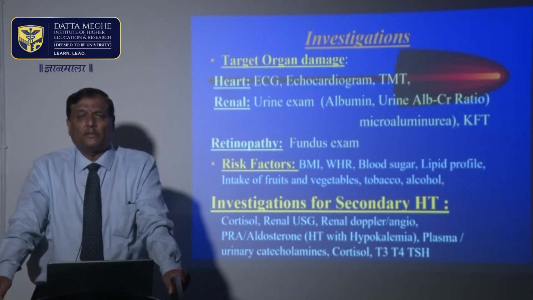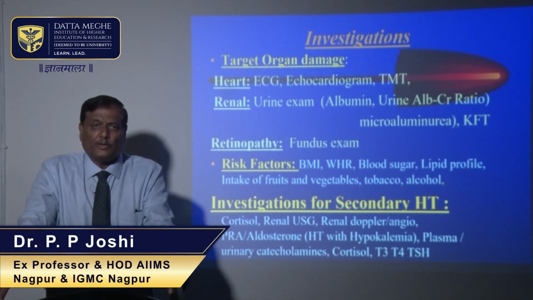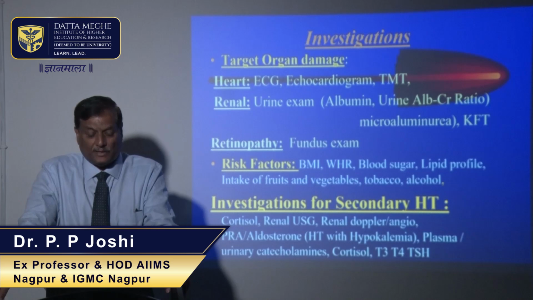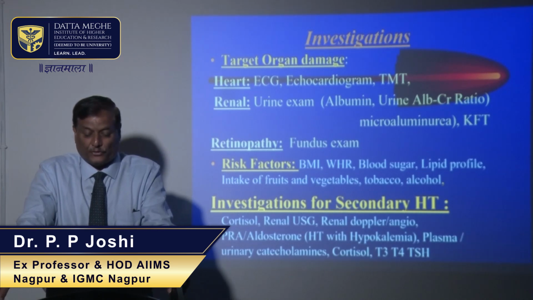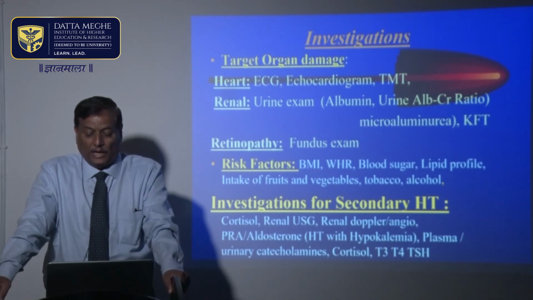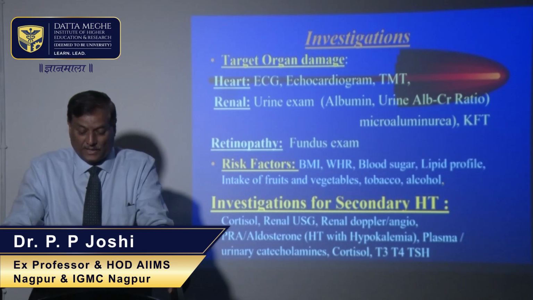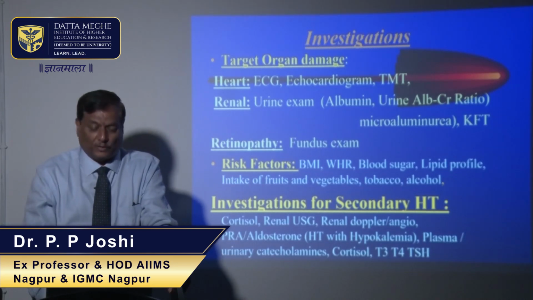We may also investigate for primary hyperaldosteronism by looking at the plasma renin activity and aldosterone ratio, where the patients usually present with high blood pressure, hypernatremia and hypokalemia. In fact, with hypokalemia with hypertension, one should always rule out primary hyperaldosteronism. Plasma and urinary catecholamines and cortisol can be done for pheochromocytoma, and investigate for thyroid also when indicated.